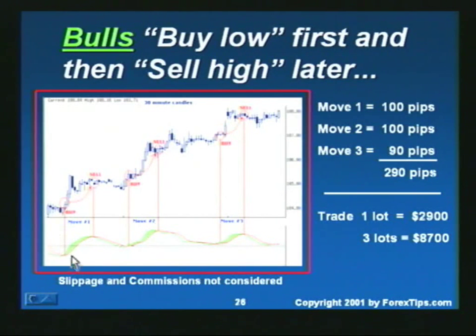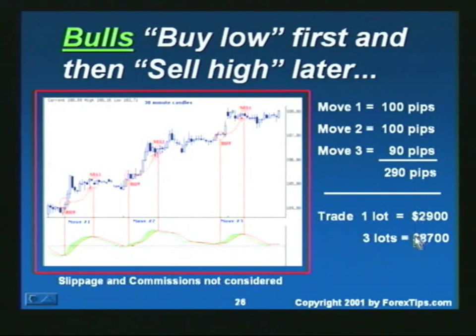Look at what this indicator is doing, giving off buy signals and sell signals. Look at here, buying at approximately 104, selling at 105. These are called pips. When you buy low, sell high, buy low, sell high, buy low, sell high, these three moves based on this indicator offered what's called 290 pips.